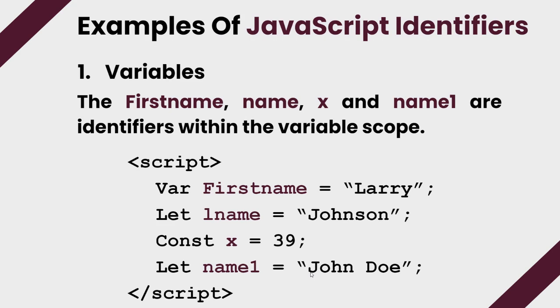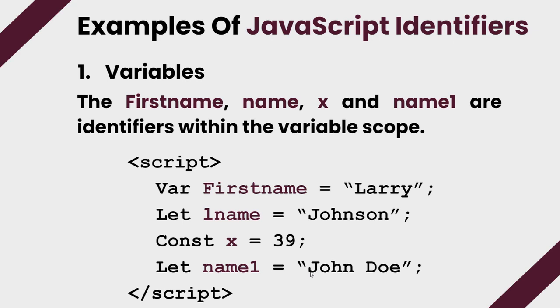So here we have examples of JavaScript identifiers, and you can see that for the first part of this section, we have the variables, which we already know about since we touched on the previous section. So under the variables here, first name, X and name1 are identifiers under the variable scope.